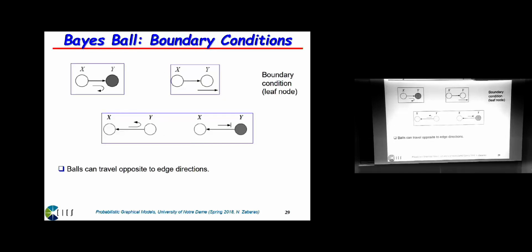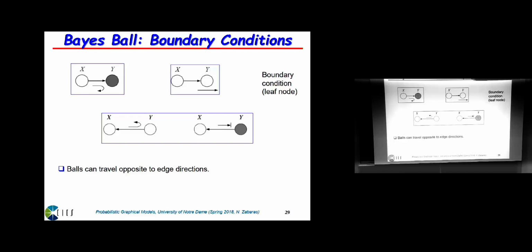So what happens if the ball reaches the root node or the leaves? There are two sets of boundary conditions. If you reach the leaf node and the leaf node is observed, the ball comes back, all right? If it is unobserved, you lose the ball.